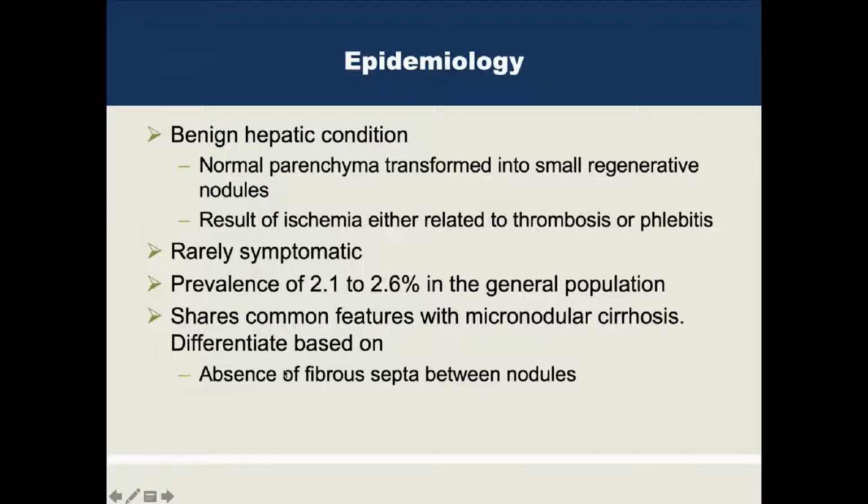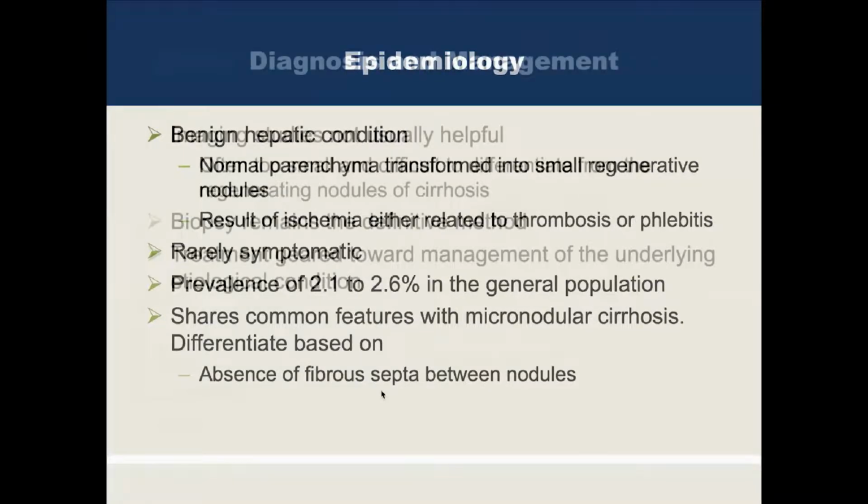This shares common features with micronodular cirrhosis. However, this doesn't happen in the background of cirrhosis. The differentiation of nodular regenerative hyperplasia from one that happens with cirrhosis is based on the absence of fibrous septae between the nodules. This is rarely, if ever, symptomatic, and the prevalence is 2.1 to 2.6% in the general population.